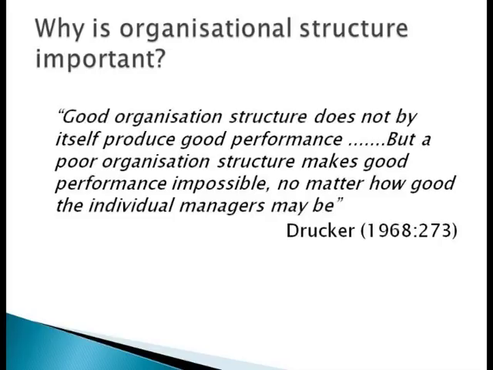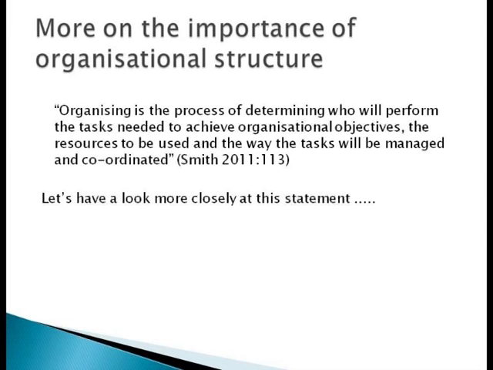One of the things we looked at last week with the organisational chart for Coventry University is we looked at and gained an understanding of the means by which this huge organisation, £100 million organisation, 22,000 customers going through at any one time, manages to achieve and process this large number of activities on a consistent basis. Organising then is the process of determining who will perform the tasks needed to achieve organisational objectives, the resources to be used, and the way those tasks will be managed. So we've got some outline of quotations here talking about organising, organisational structures, and organisation.